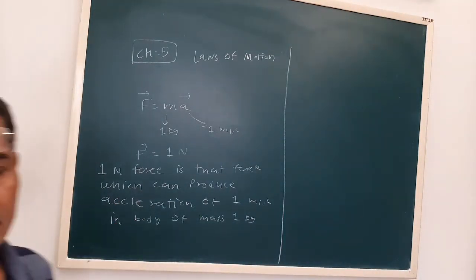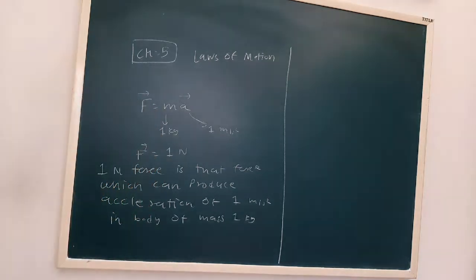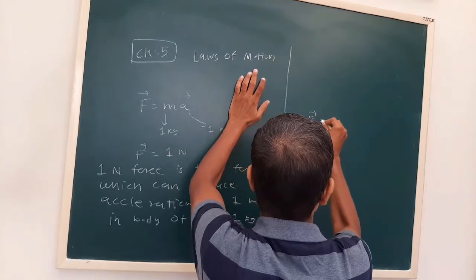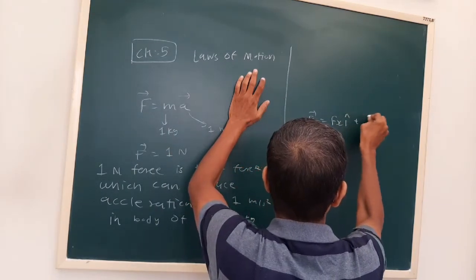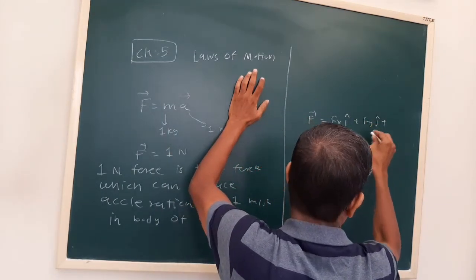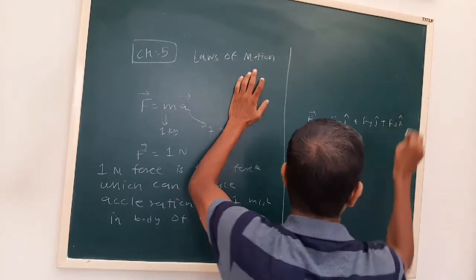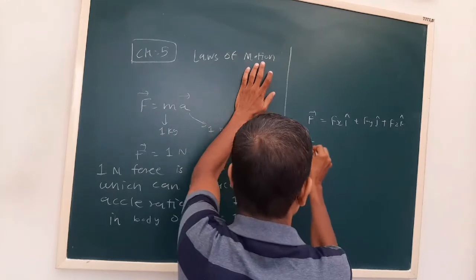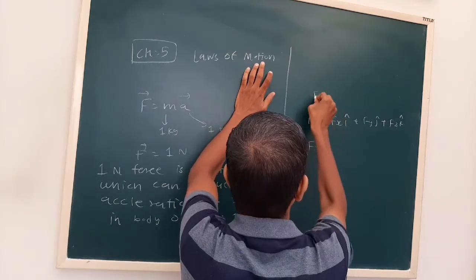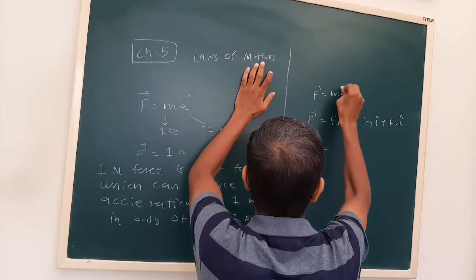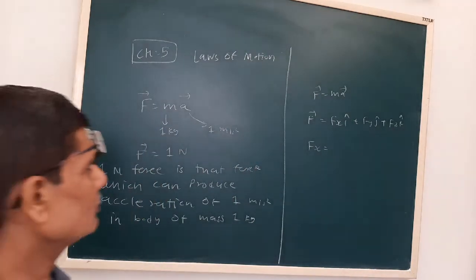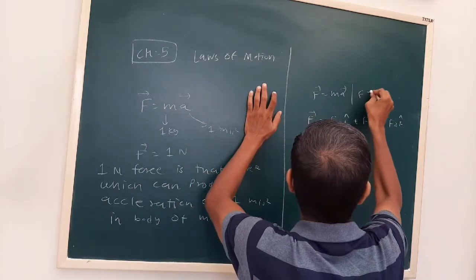Now we know the force is a vector quantity, so it can have components. We can write F is equal to Fx i plus Fy j plus Fz k. We also saw that F is equal to dp by dt. We have to keep in mind F is equal to ma also while writing the equation of the force.